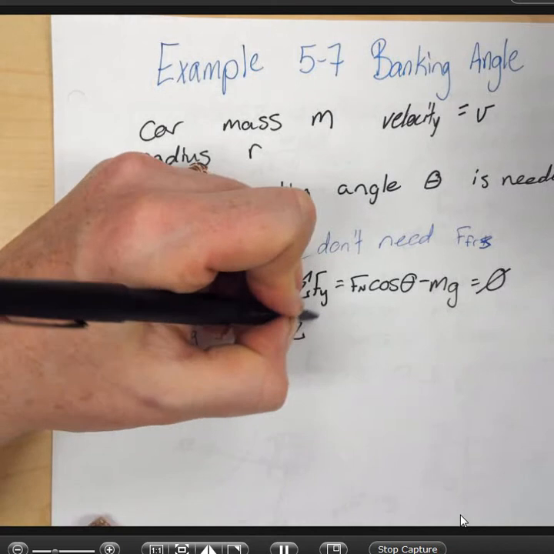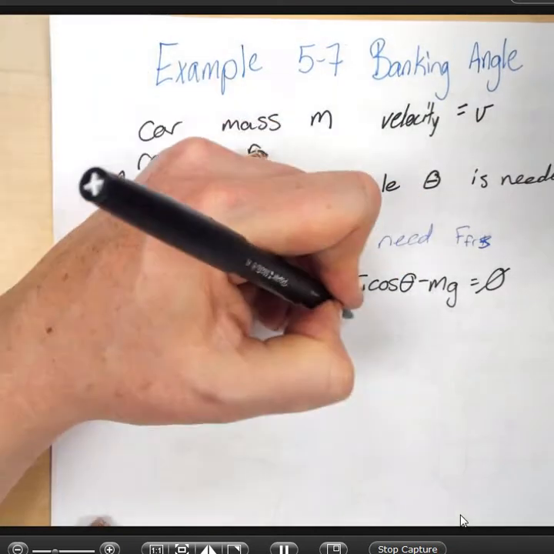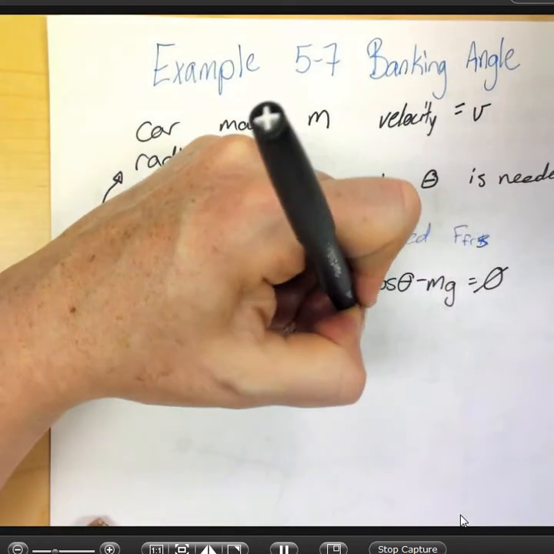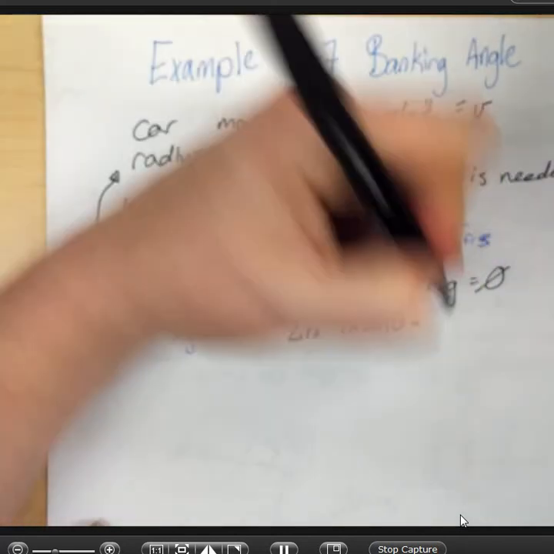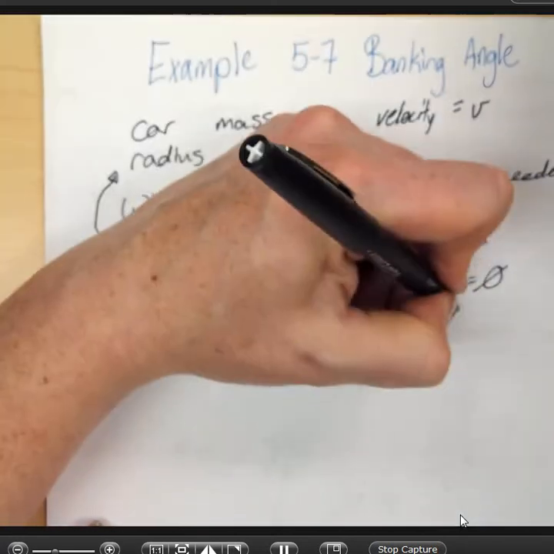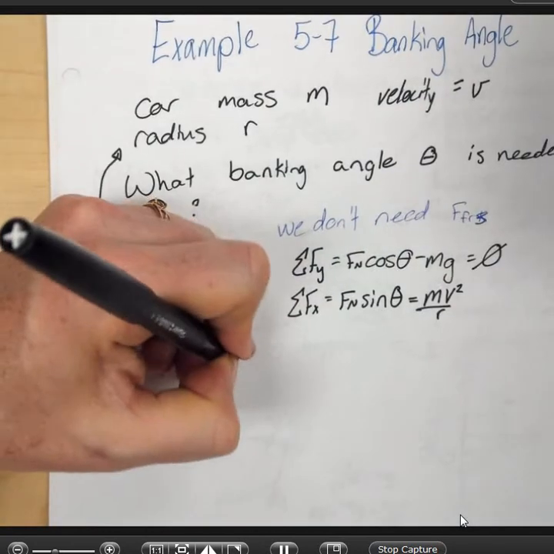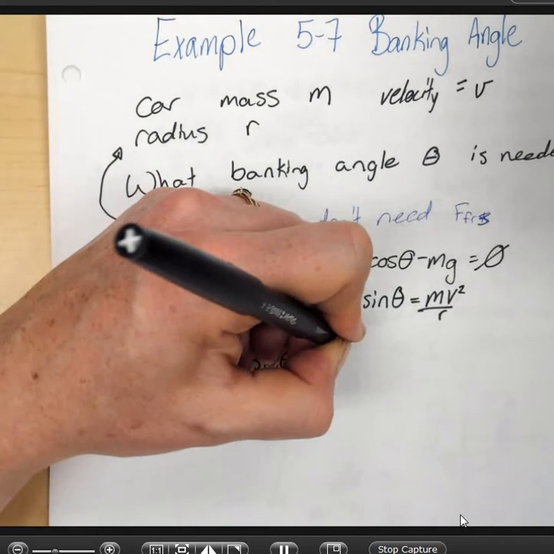And in the x direction, if we assume we don't need friction, the friction doesn't exist, then the only force in the x direction is the x component of the normal force, Fn sine theta, and that will equal ma for circular motion. That will be mv squared over r. So now I've got Fn sine theta equals mv squared over r.